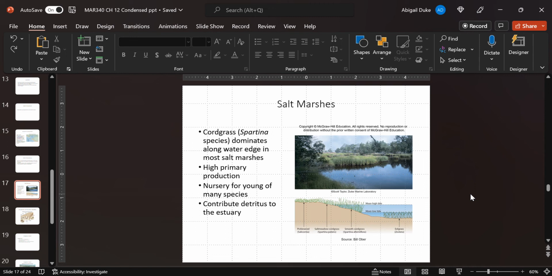The smooth cordgrass occupies the edge of the marsh that is flooded the most by seawater. It is replaced higher up in the marsh by salt meadow grass or salt marsh hay, a shorter and finer grass that is less salt tolerant and can form extensive meadows. It grows where the marsh is flooded only at high tide.